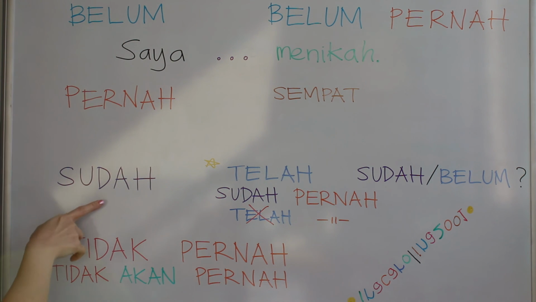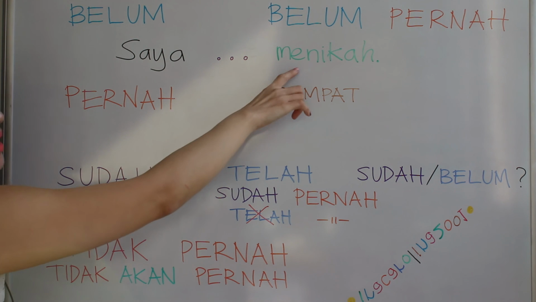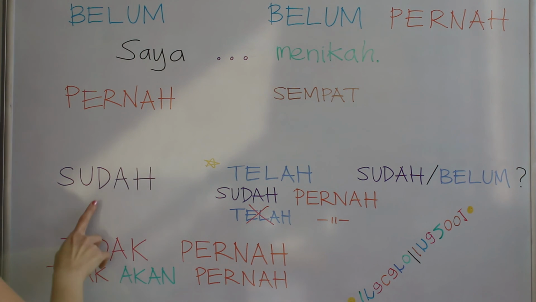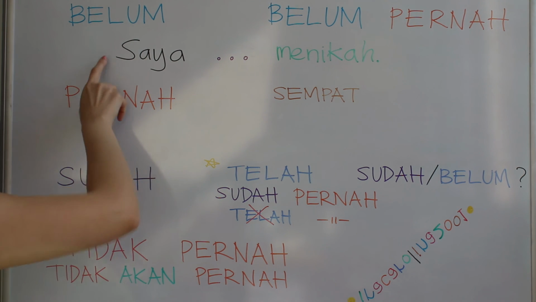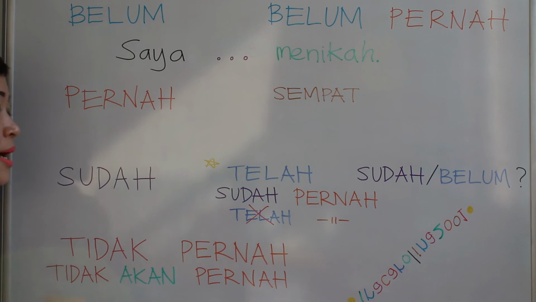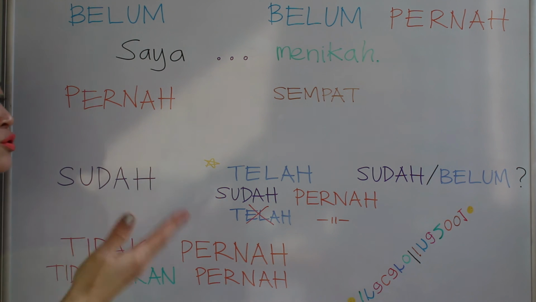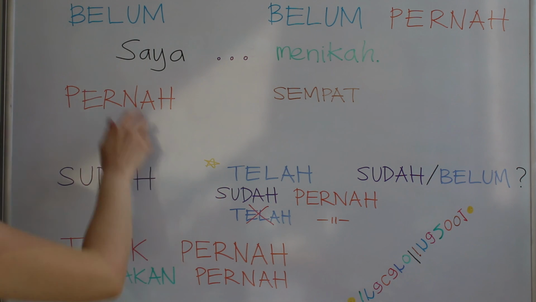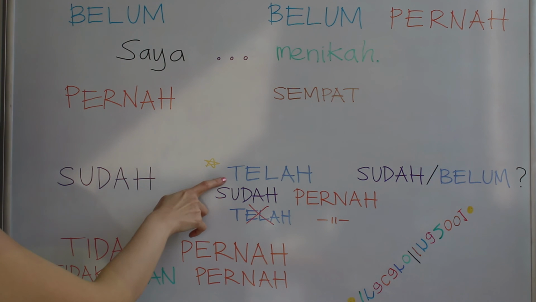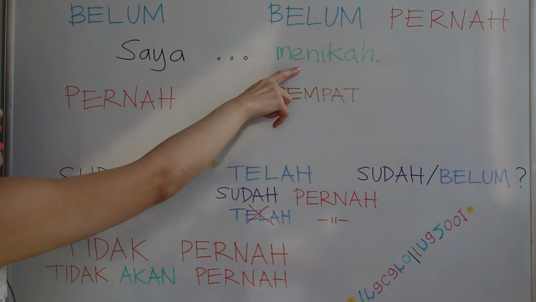Saya sudah menikah. This is have already or already have. It means I am married. Or to be polite, let's say if you speak to Mr. President or someone you respect, saya telah menikah.